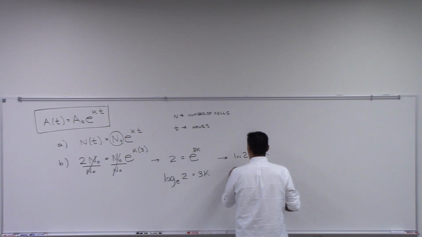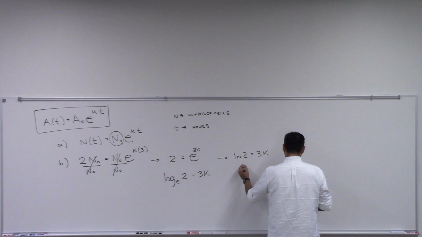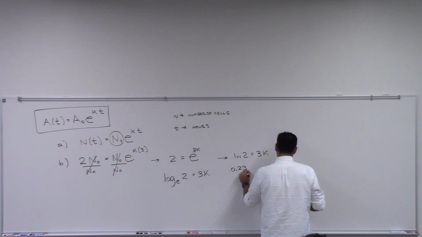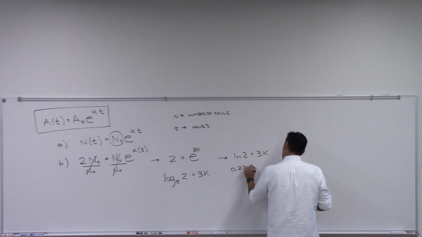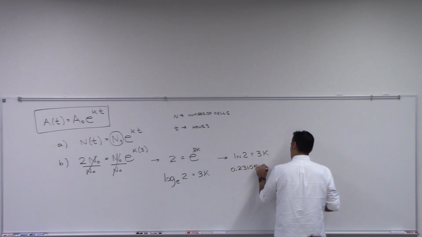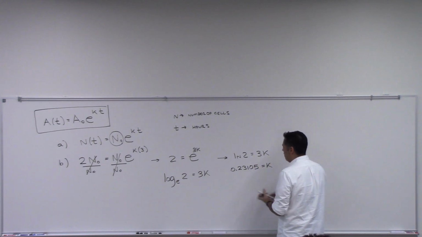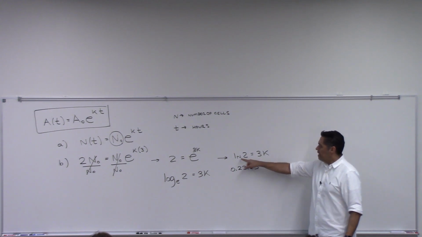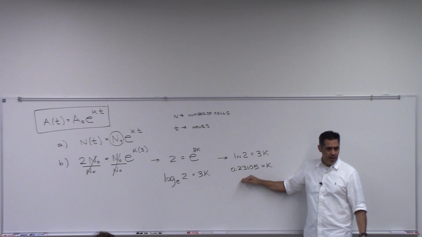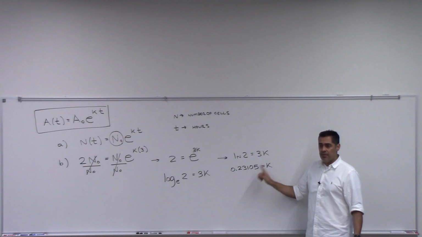So we already did that earlier. Let me just do it all together. I get about 0.23105. I'm going to say it's equal to k. I'm going to use that. So I did natural log of 2 on my calculator, then I divided both sides by 3, and you get what k is. Is that clear? That's the growth. This is our growth rate, right?